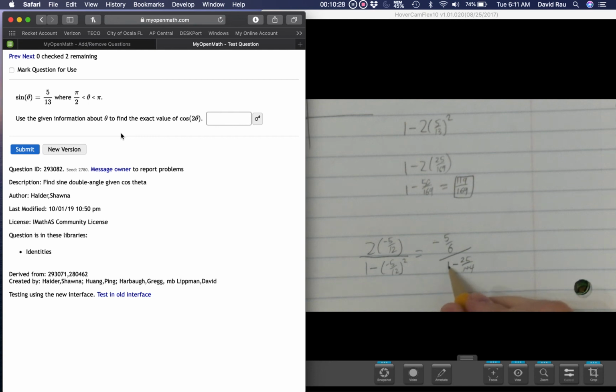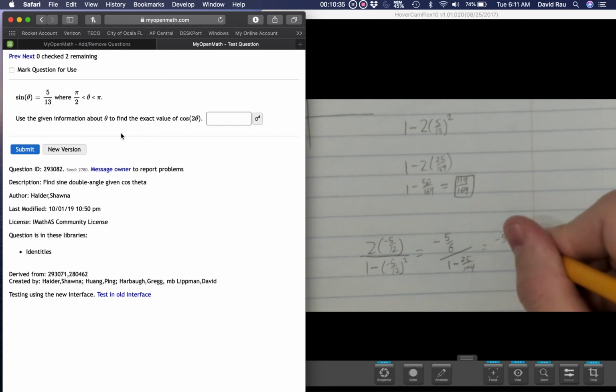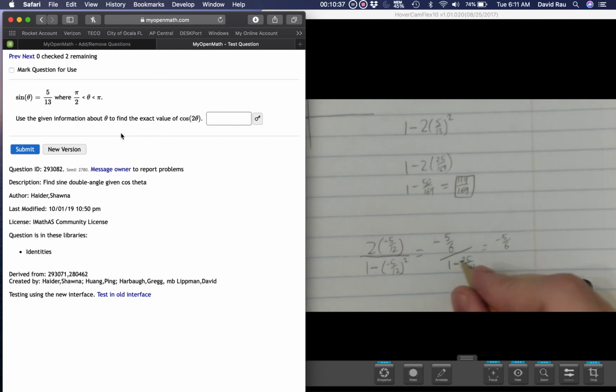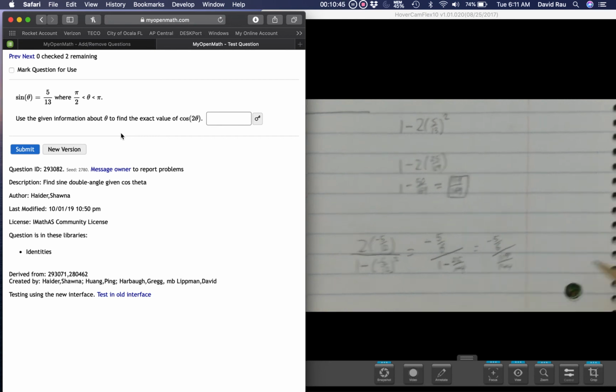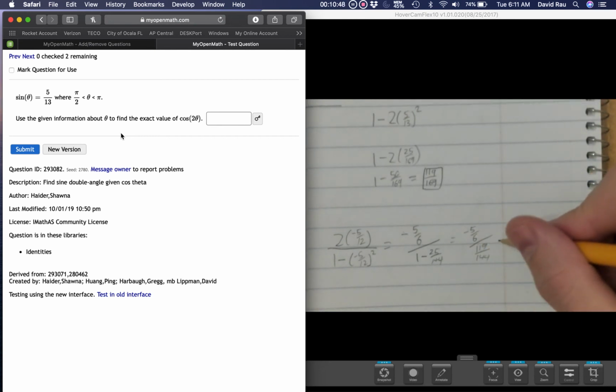But I still have 1 minus this fraction, so I'm going to change 1 into 144 over 144. So I have negative 5 over 6, and 144 minus 25 is 119 over 144. My last step here is to divide these two fractions.